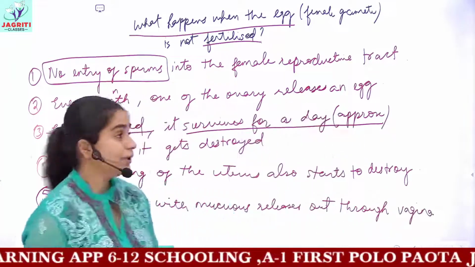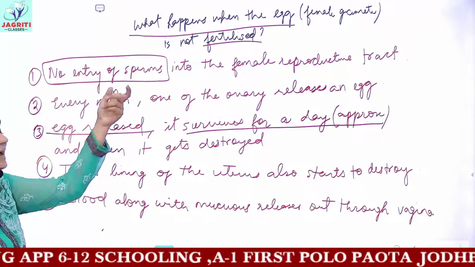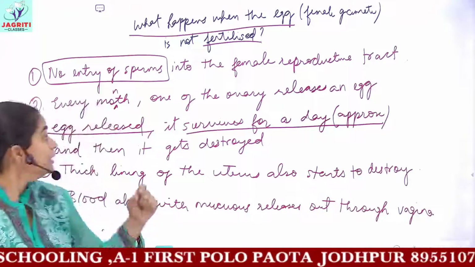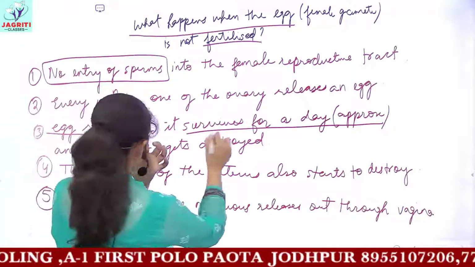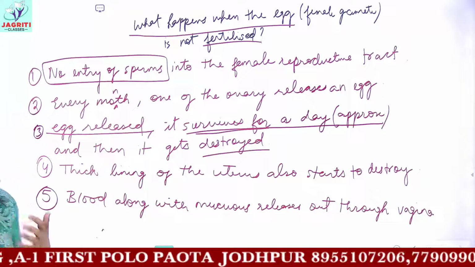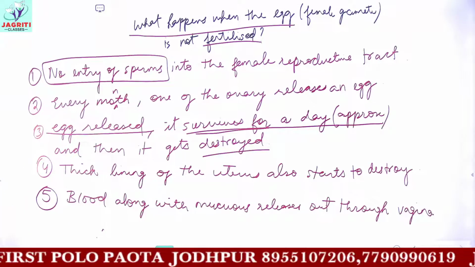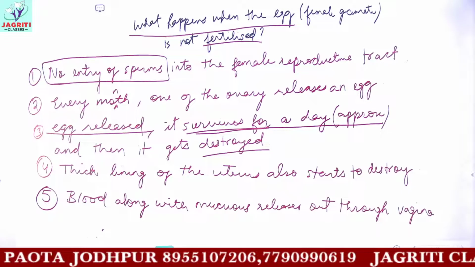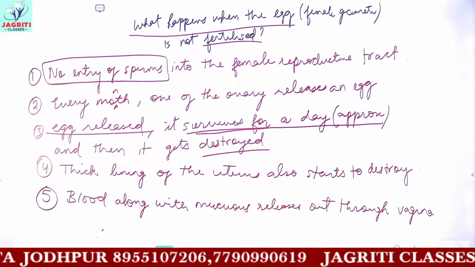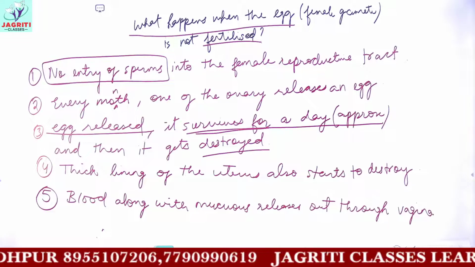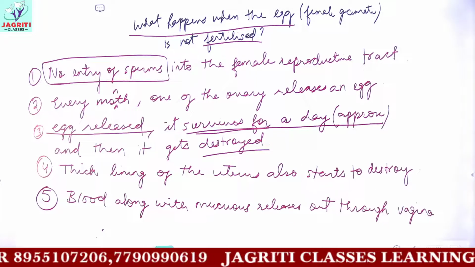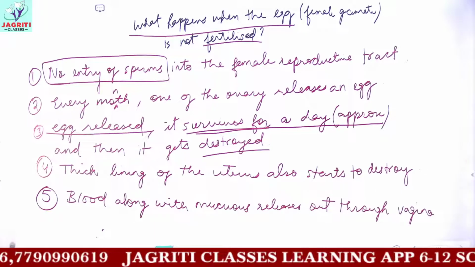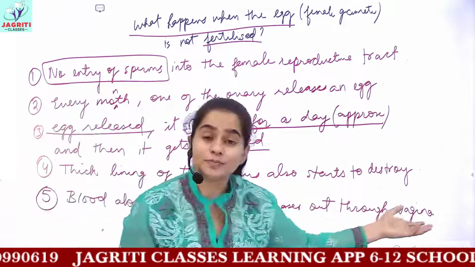Okay, so we have the process that when the egg does not find any kind of sperm, then this egg survives for a day and then it tends to get destroyed. And when it tends to get destroyed, the thick lining of the uterus, which was prepared for nourishing the embryo, is no longer needed. Because no kind of fusion or fertilization took place, no embryo gets formed. And when no embryo forms, then what happens?